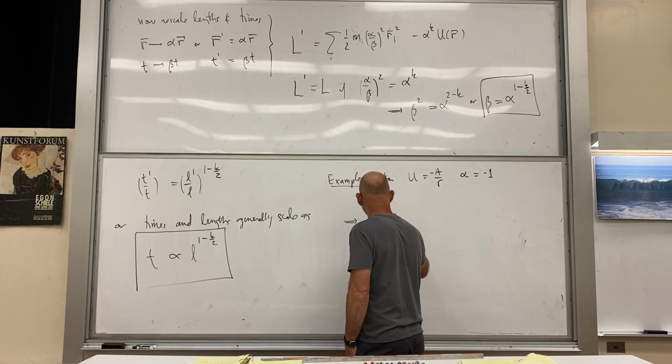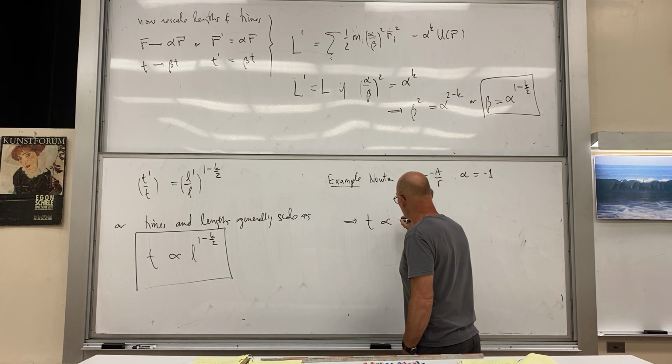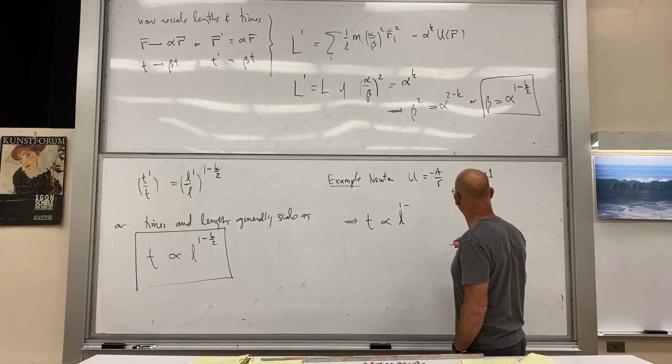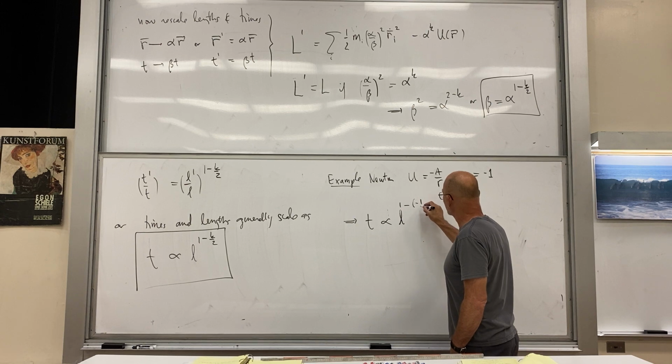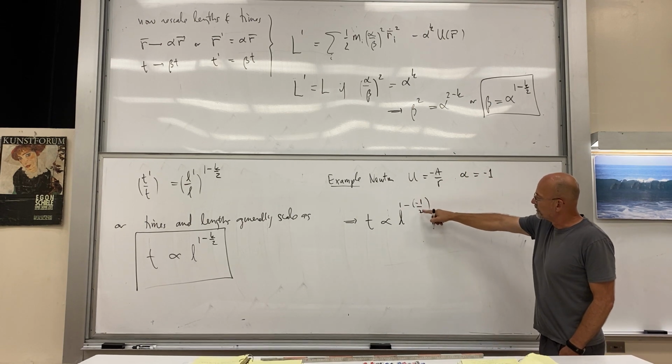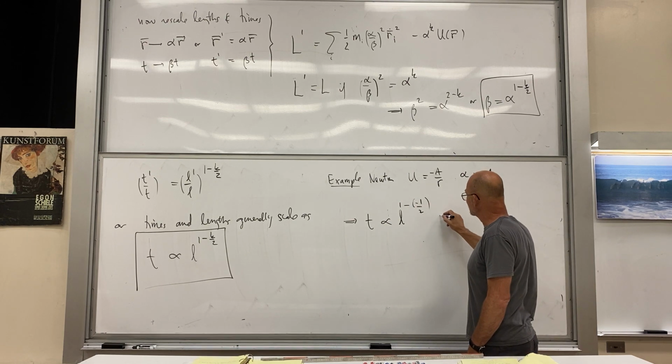Therefore, T is proportional to L to the 1 minus minus 1 over 2. Negative times negative is positive, so 1 plus 1/2 equals L to the 3/2.